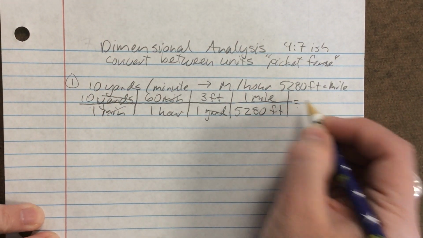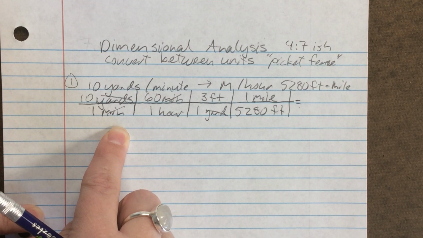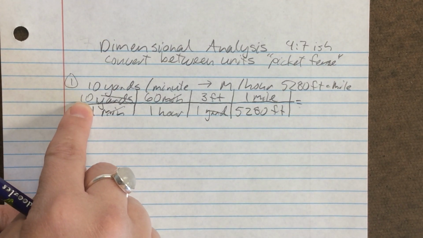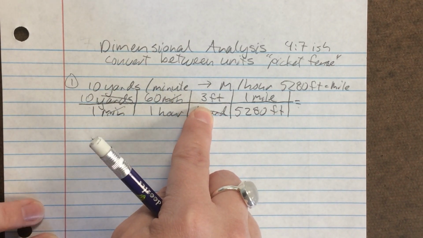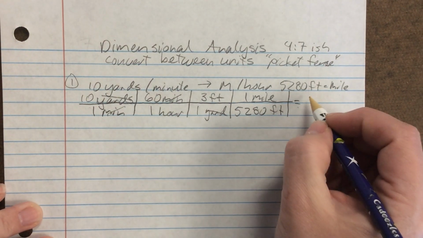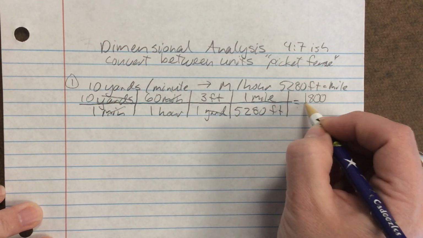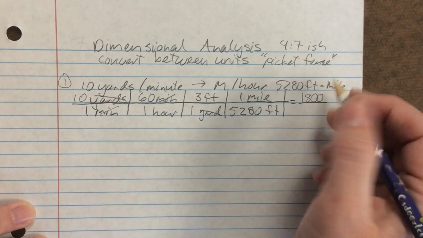So now we're going to treat each one of these like fractions that are being multiplied together. So on top, we're going to have 10 times 60, which is 600, times 3, and I'm just going to make sure I don't mess that up mental math-wise, because it's been a long day. So that's 1,800 on top, and on bottom, 1 times 1 times 1 times 5,280.